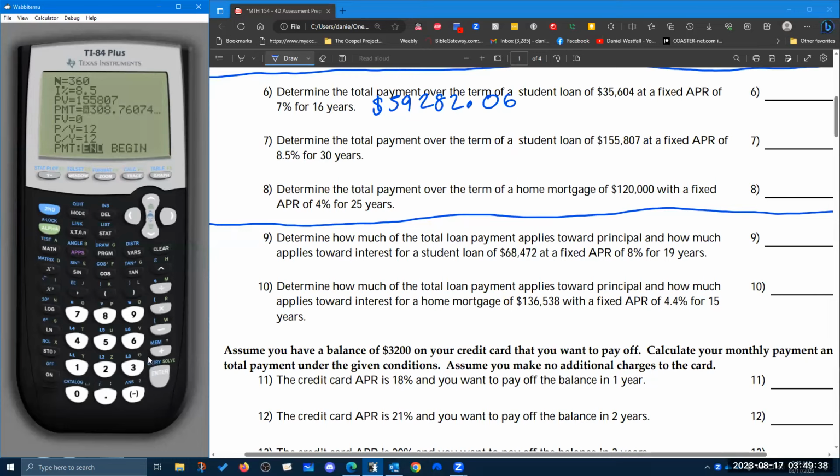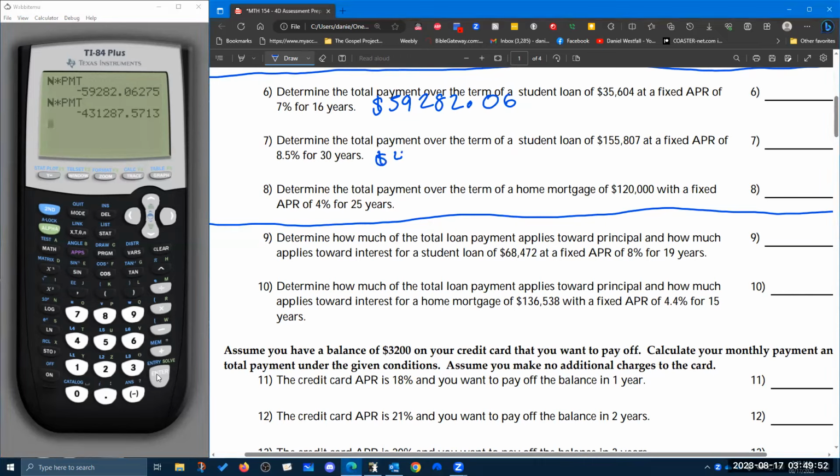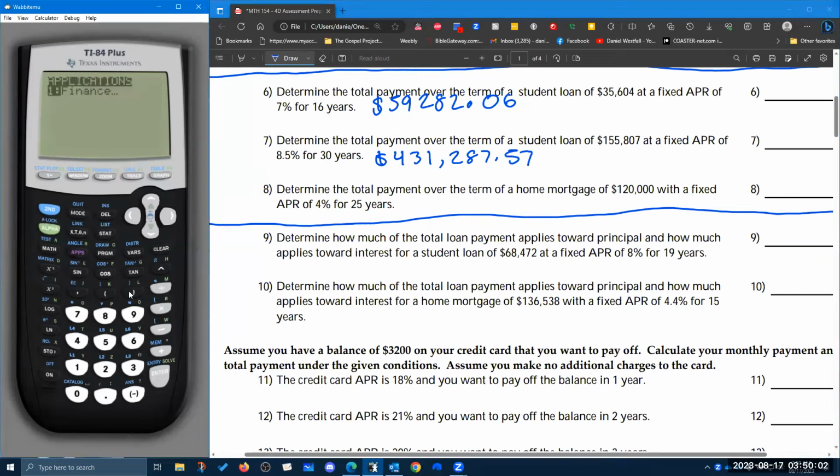We'll calculate the monthly payment here. I'm going to go back out to my home screen and pull up that same calculation again. And we're going to come up with, this time, it's 431,087.57.